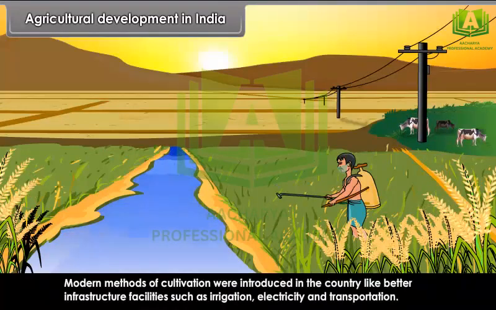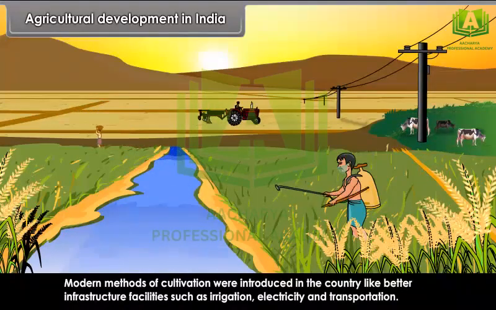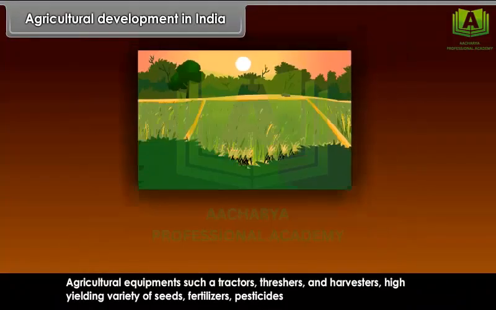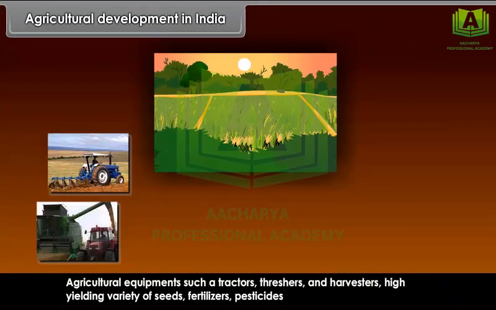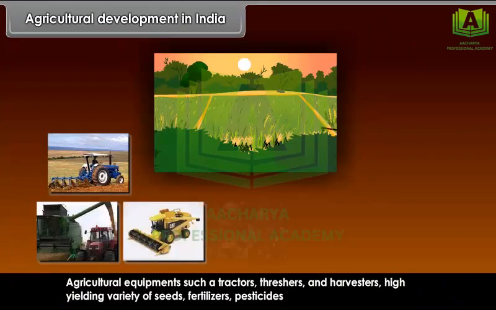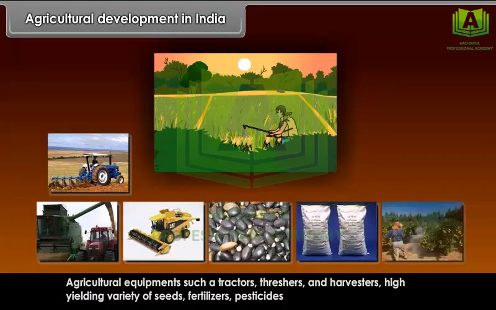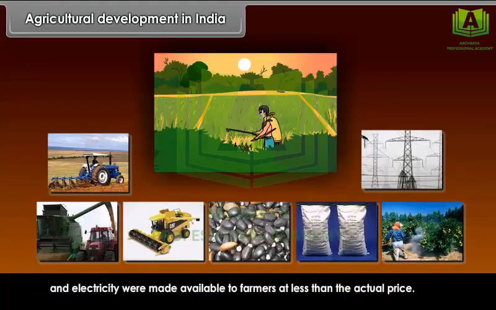Modern methods of cultivation were introduced in the country, like better infrastructure facilities such as irrigation, electricity and transportation. Agricultural equipment such as tractors, threshers and harvesters, high-yielding variety of seeds, fertilizers, pesticides and electricity were made available to farmers at less than the actual price.